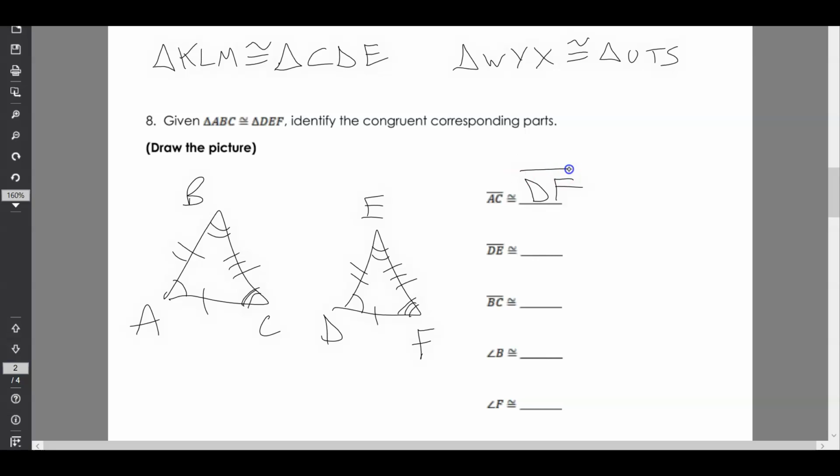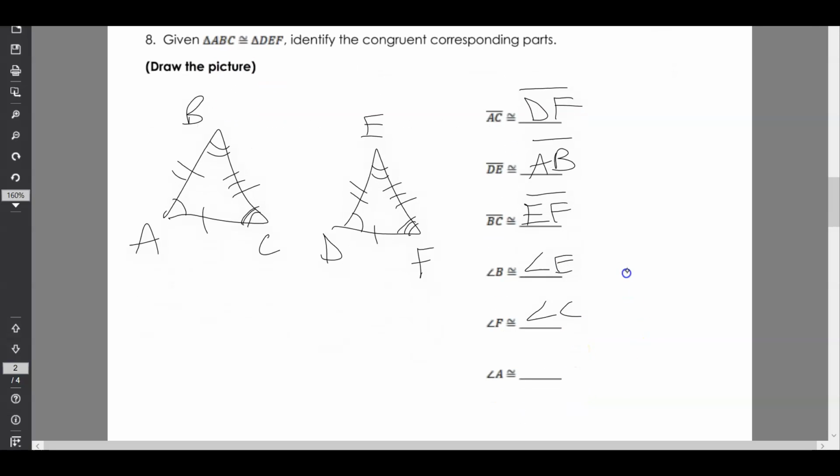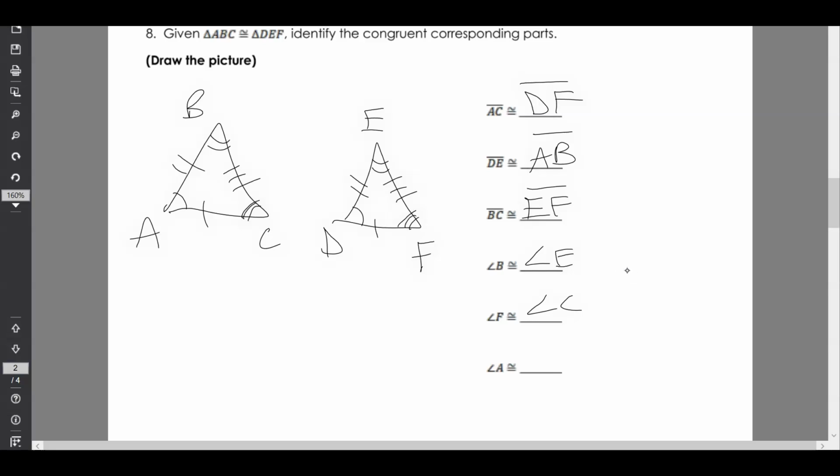First and third letter, first and third letter. DE, first two letters, matches AB, first two letters. BC, second and third, matches EF, second and third. Angle B, the middle letter, matches angle E, the middle letter. And angle F matches angle C, the last letter. And then angle A matches angle D, the first letter. Cool.